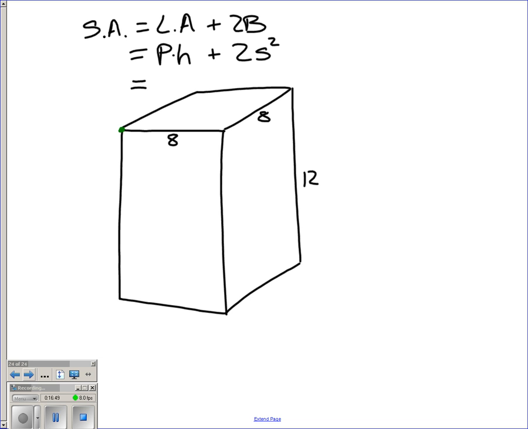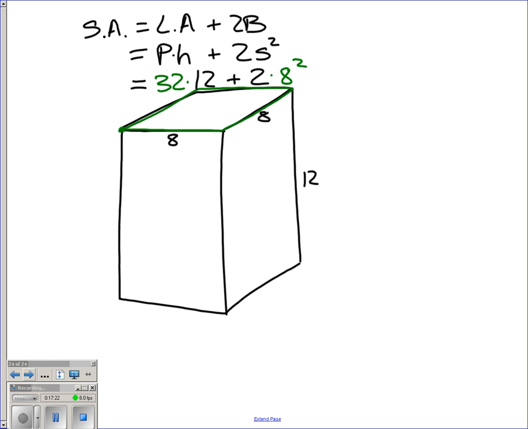Well, I'm going to start at this vertex because the base is the top here. I'm going to go 8 plus 8 plus 8 plus 8. That total perimeter there is 32 times the height of the prism, which is 12. Right? So I'm plugging that in. Plus 2 times, well, what is this side length of the square? Well, that's 8, and that's going to be squared.